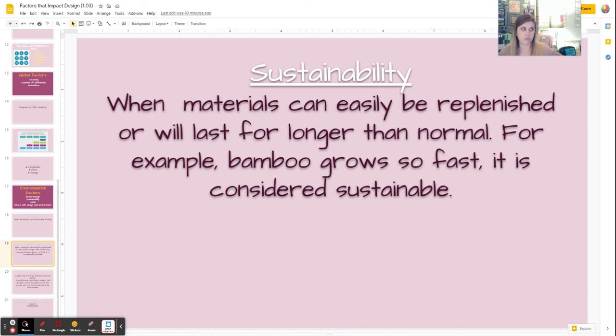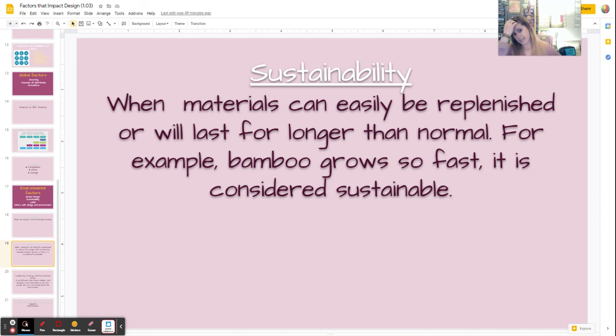So when we talked about flooring a few weeks ago, bamboo is considered a sustainable flooring material because it can grow so fast, where oak flooring is not considered a sustainable material because it takes hundreds of years to grow an oak forest, where it's going to take like 10 to grow a bamboo forest because it grows so fast and oak grows so slow.